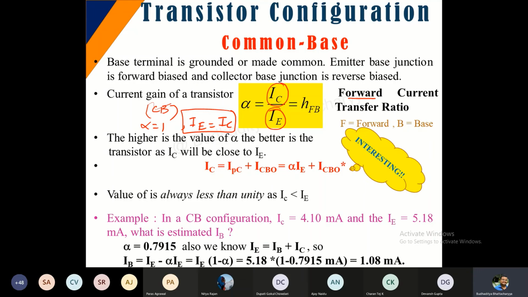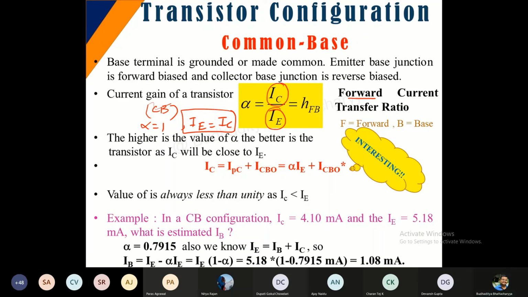Even if we consider that only a very small portion of the electrons combine with the holes, there will still be a small leakage current, and as the leakage current is there, there will be a drop in the collector current also. So IC is always less than IE. Suppose you are calculating a numerical and you come across a condition where you get IC greater than IE, which will never happen. Then somewhere you have made a mistake.